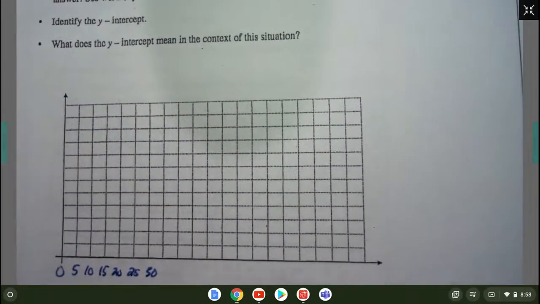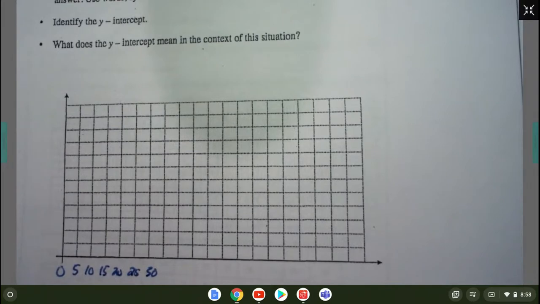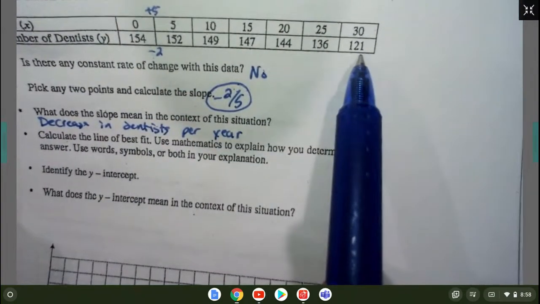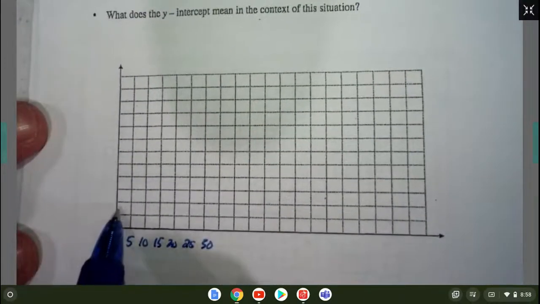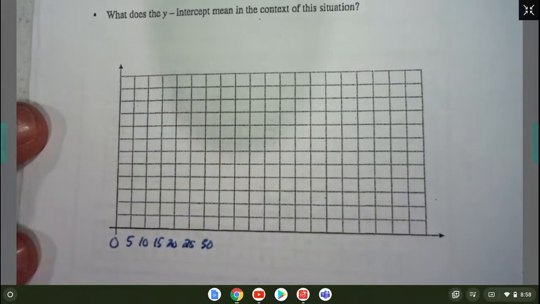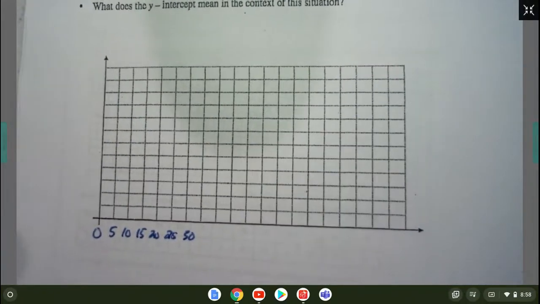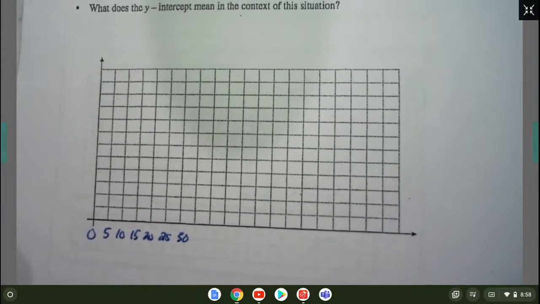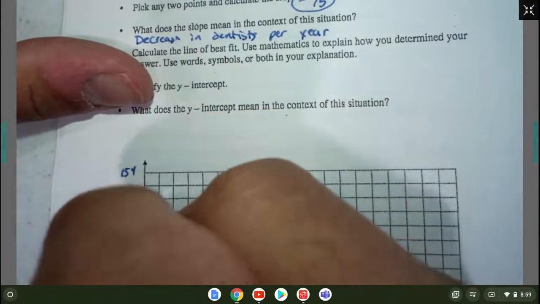The number of dentists is going to be much harder because that's a range of numbers, 154 to 121. That's a range of 33 that we've got to span. And we've got 1, 2, 3, 4, 5, 6, 7, 8, 9, 10, 11, 12 lines. So 12 lines for a range of 33. So I've got to count by 3s, because 12 times 3 is 36. So if I start at 154 at the very top, I'll just decrease by 3 every time.